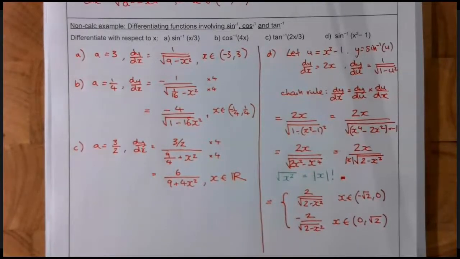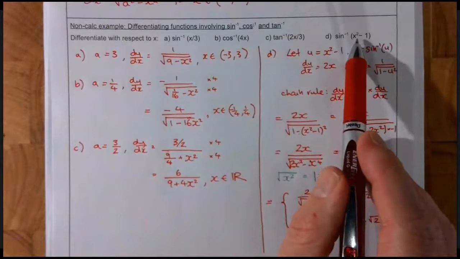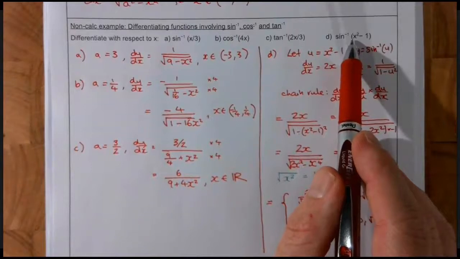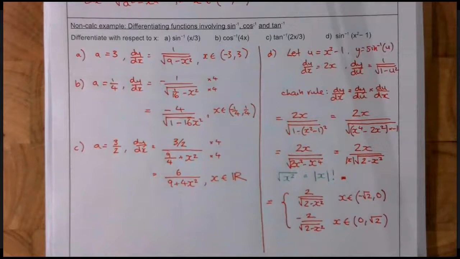So that's my solution for the final question here. What I'll leave you to think about is what happens when x equals 0. Think about substituting it into this value here, and into the original equation, thinking about the value and the gradient of sine inverse where x is 0.